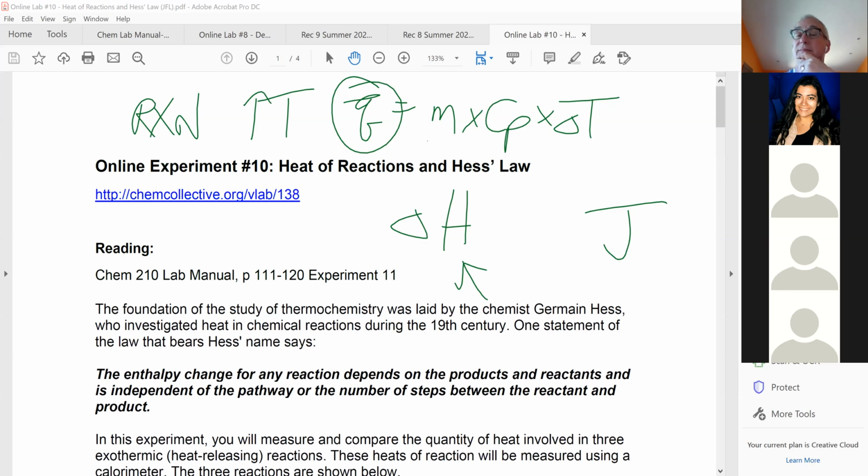I mean, that is part of it. Basically, delta H means the change in heat from a reaction, but a particular amount of reaction, I'll put it that way. Q is just given in joules. Delta H is given in joules per something.